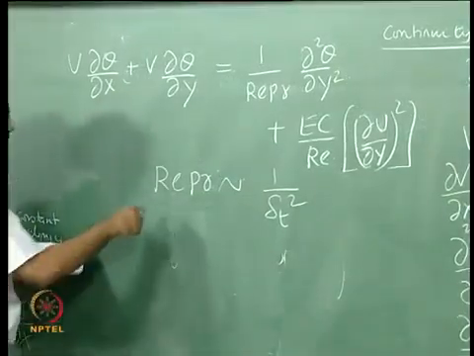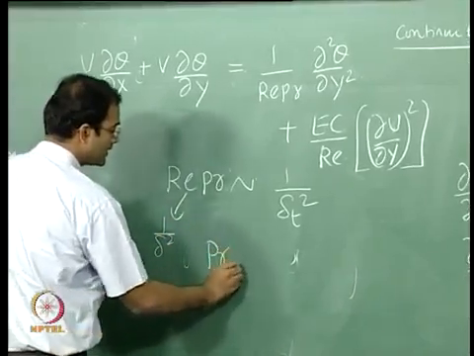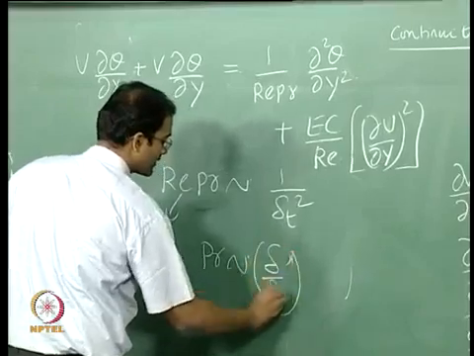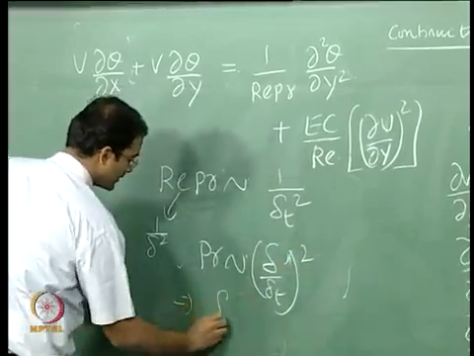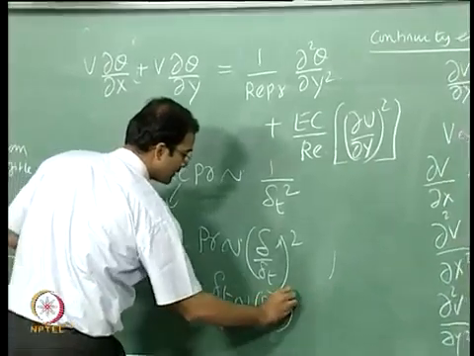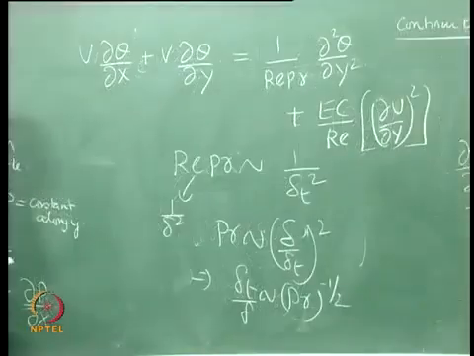Understood? So already you know Re is of the order of 1 over delta square, therefore Pr should be of the order of delta by delta t the whole square, or in other words delta t by delta should be of the order of Prandtl number power minus half. So this is a very important conclusion.